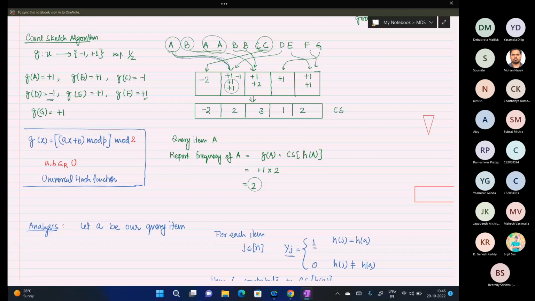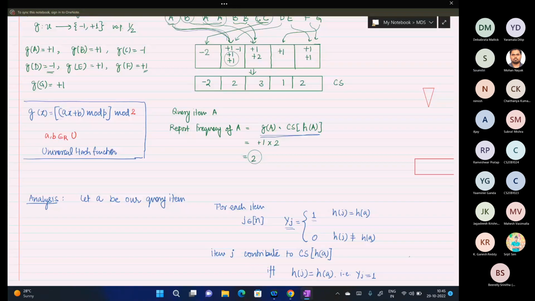So the reported frequency will be 2. You can think of this as part of our algorithm: while hashing, we are multiplying by function G, so while retrieving, we are just trying to compensate for it in a way. Yes, thanks. Got it. Okay.